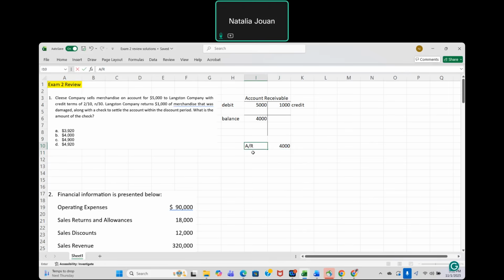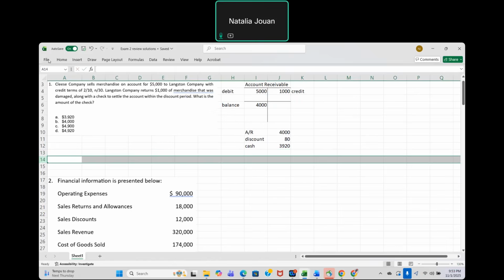Let's relabel this minus the discount. The discount is 2% of 4,000, $80. Okay, so the cash amount that we're going to get is the 4,000 minus the 80. Okay, so the answer is A. So you can mark number 1, A.